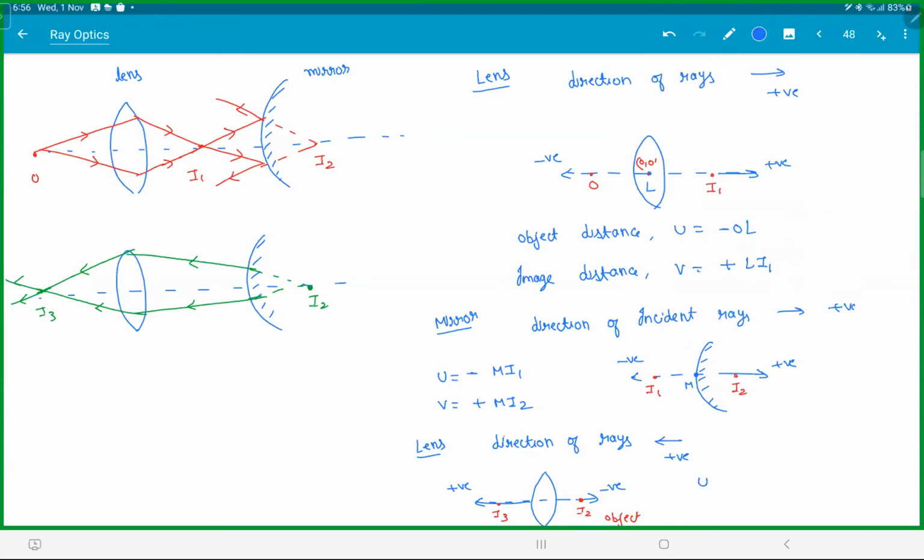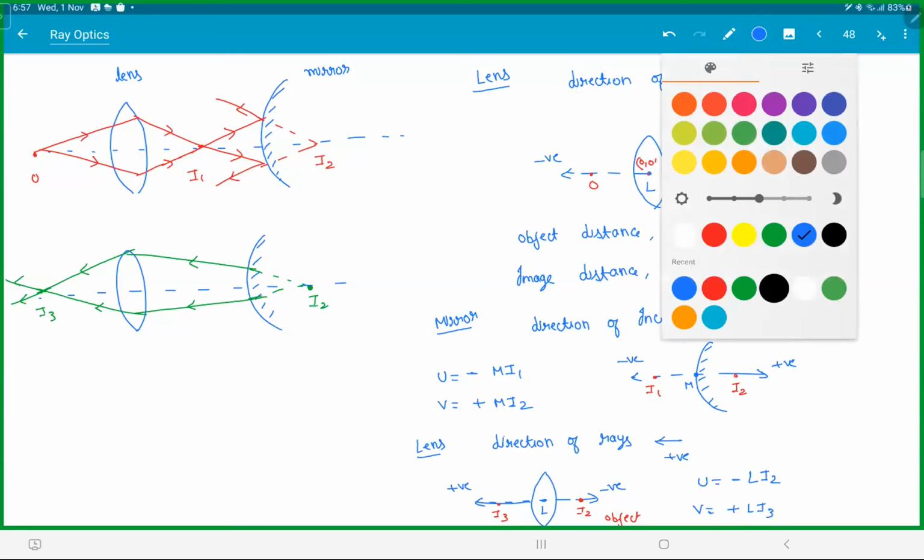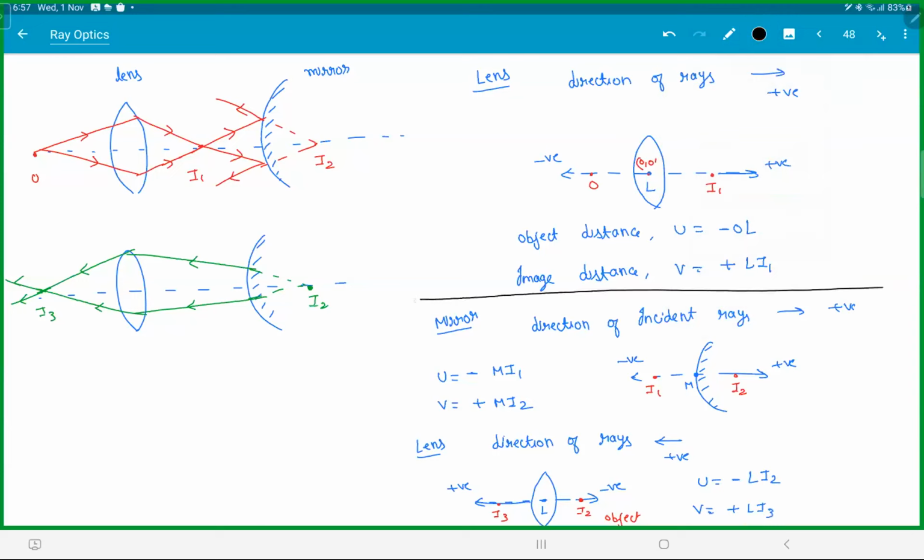Now, if you ask the lens, what is U? It will say minus LI2, with L as the origin, and what is V? Plus LI3. Please check this example. Quite useful. Please go step by step and try to understand. Once you get this, the sign convention is clear.